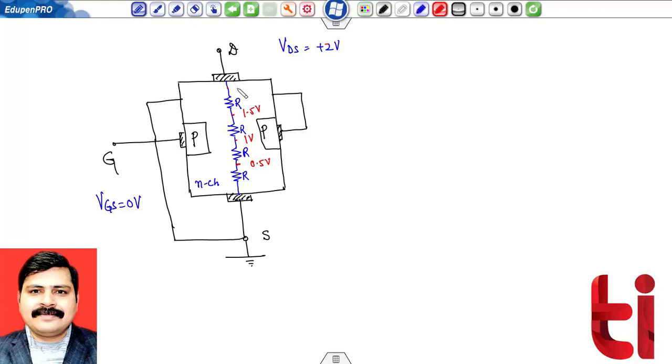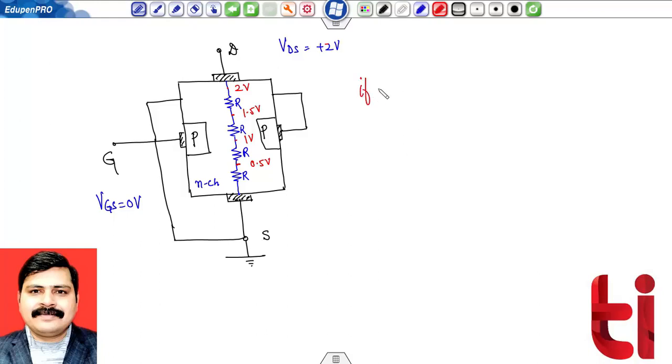towards the drain side it is 2 volts, so the higher voltage is towards the drain side. From the basic concepts of the p-n junction diode, the depletion region will be more if the value of voltage is more.